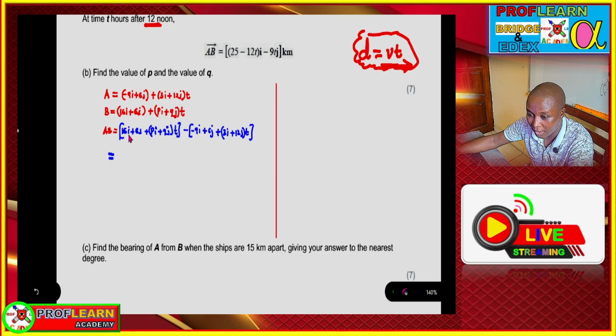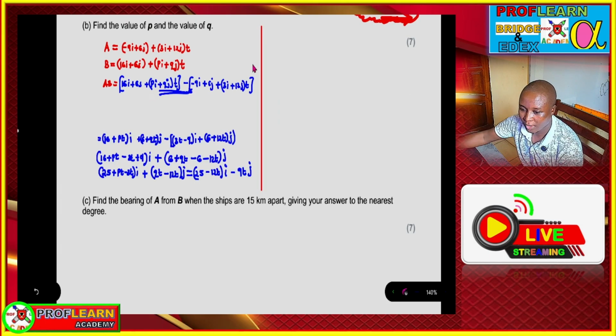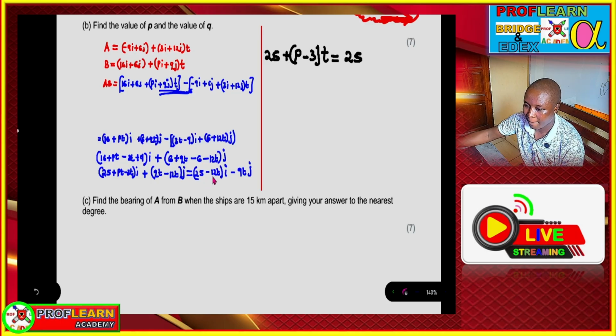It will be 16i minus pt plus, we shall have, 25 plus (p minus 3) into t, that is going to be equivalent to 25 minus 12t.